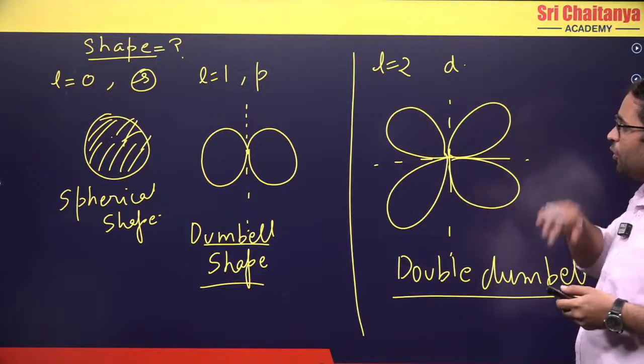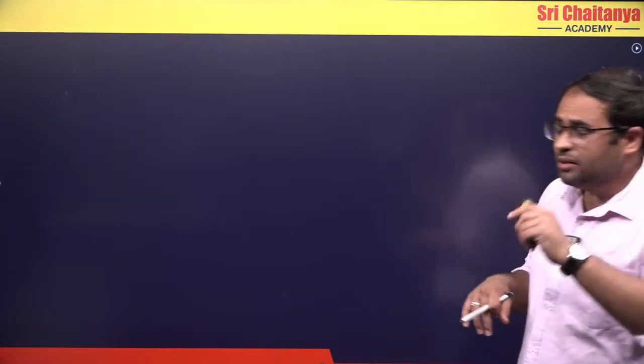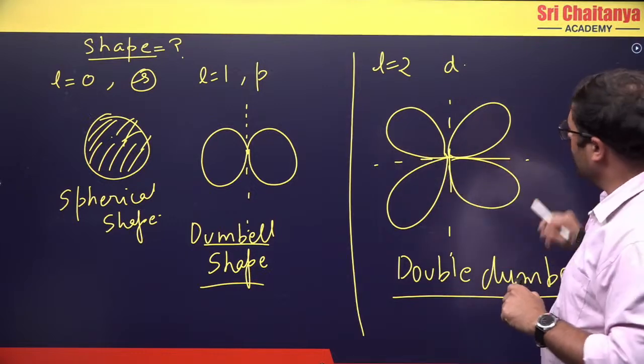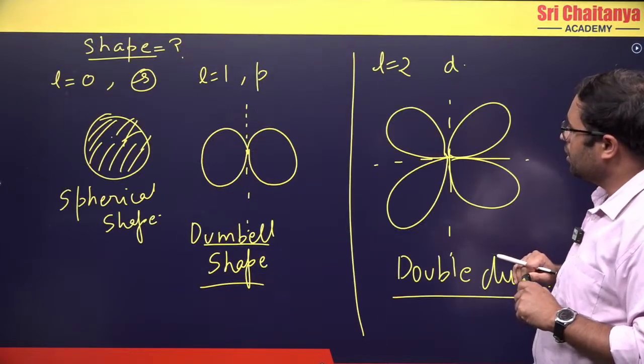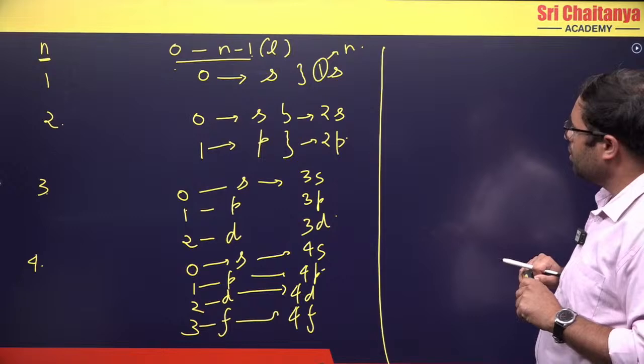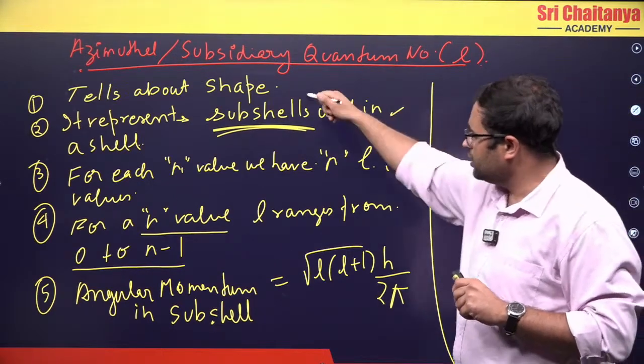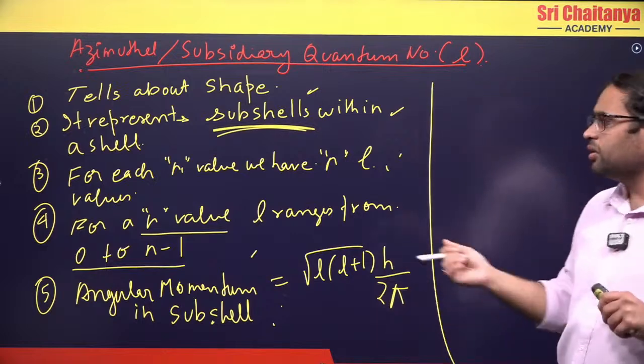So that is L for you, right? Now another thing, afterwards we will see. This is the shape. Let me see if all the points are covered. This is covered, this is covered, this is covered, this is also covered.